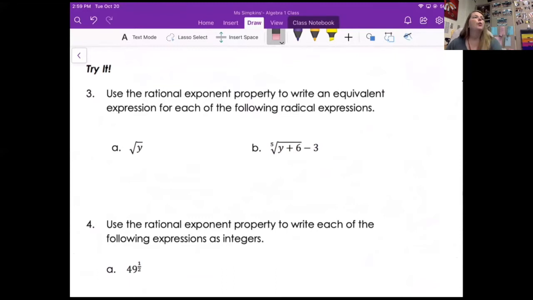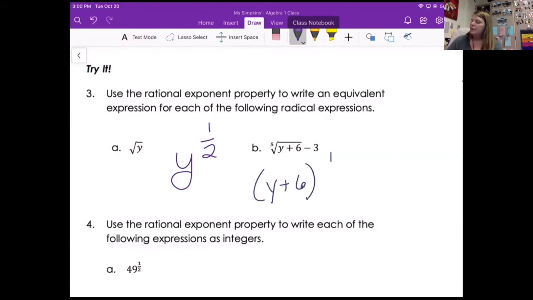Okay, so the square root of y is the same thing as y to the 1/2 power. Remember, square root and 1/2 are the same thing. For part B, you should have had y plus 6 in parentheses to the 1/5 power, and then minus 3 would be outside the parentheses.